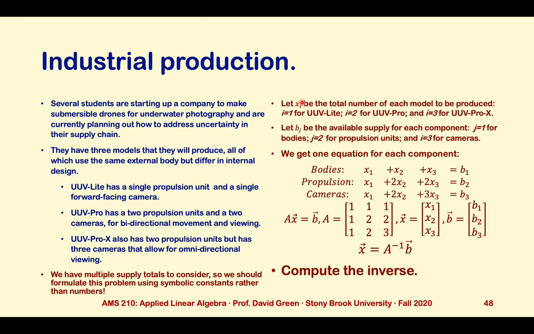Again, making a distinction, we use x because this is really an underlying variable in the model. We use b, a letter early in the alphabet, because it's a constant, but it's a constant that we want to be able to change with different instances of the model. j equals 1 will be for bodies, 2 for propulsion units, and 3 for cameras.